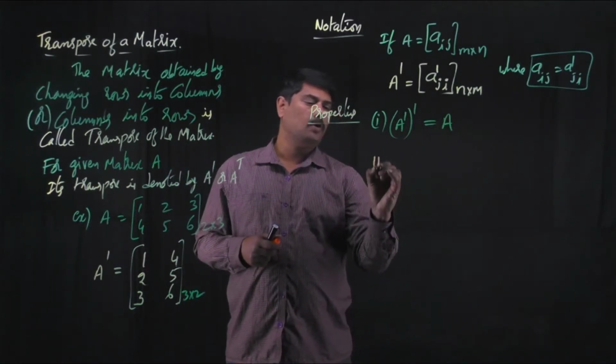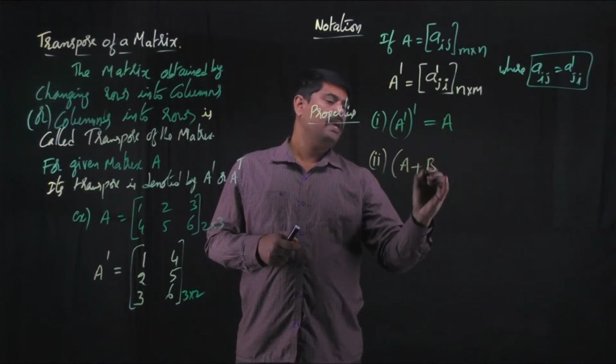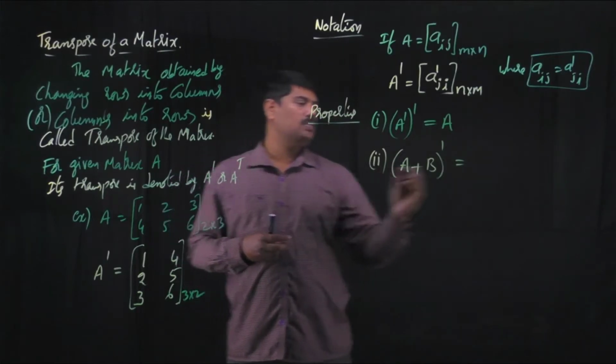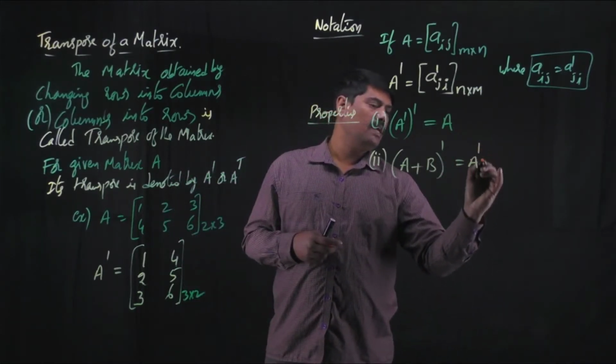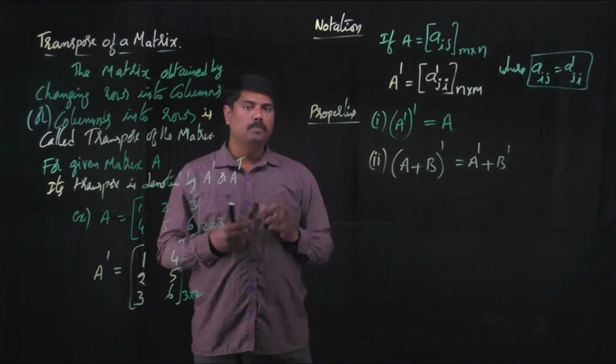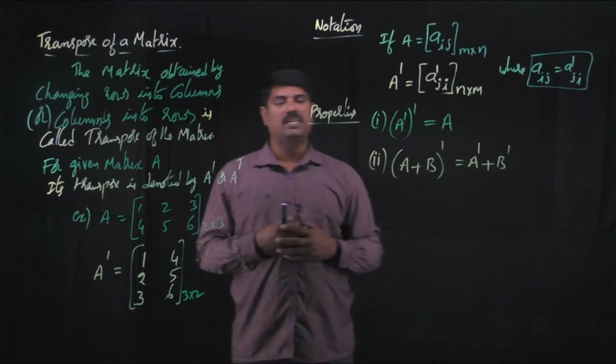And the second property, for addition: A plus B whole dash is equal to A dash plus B dash. Transposing the matrices before addition or after addition, both are the same.